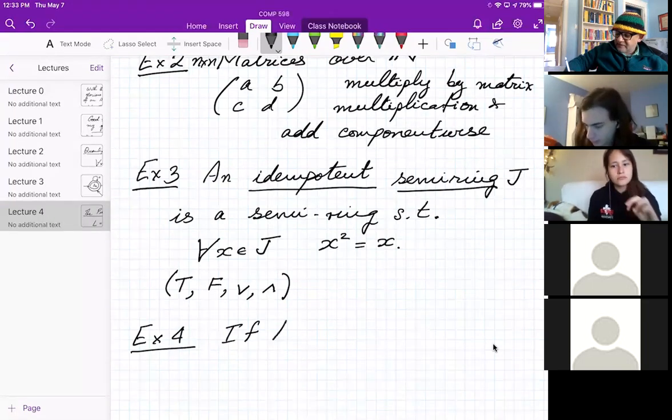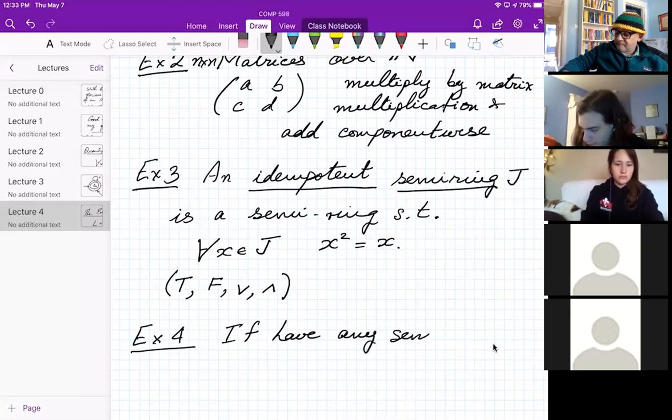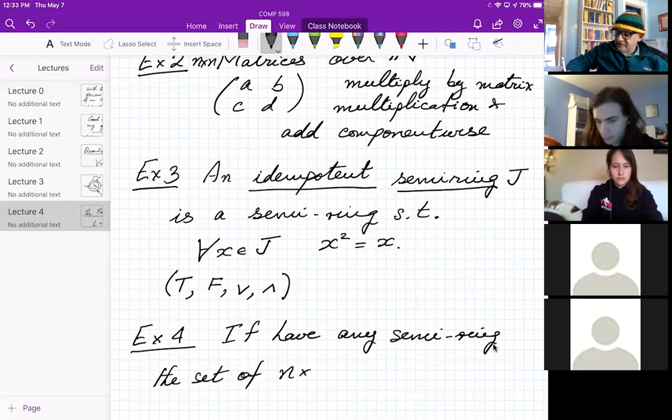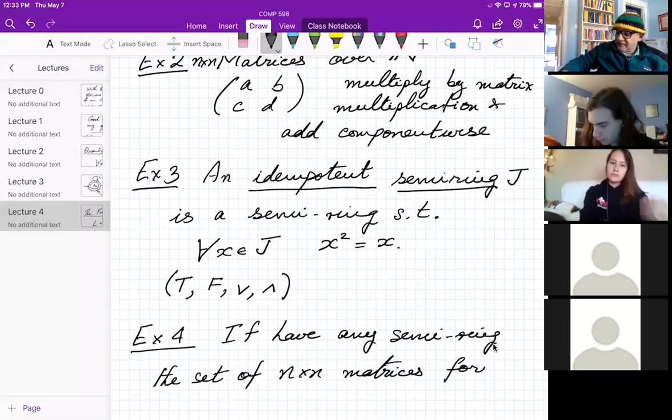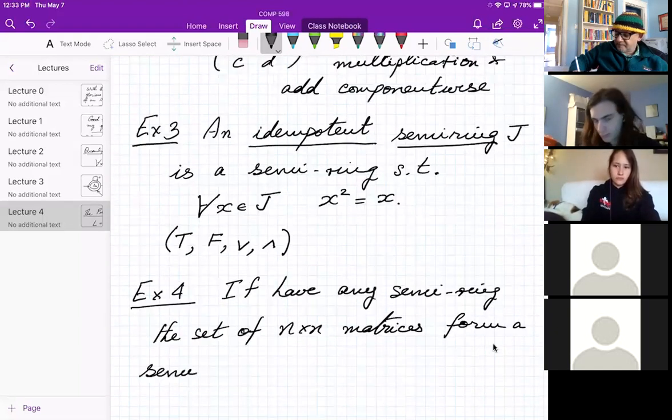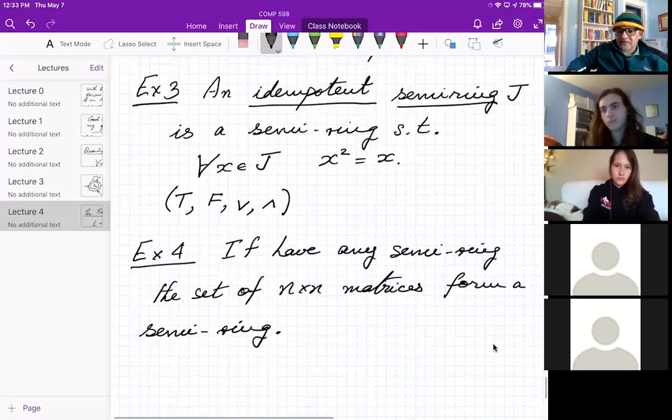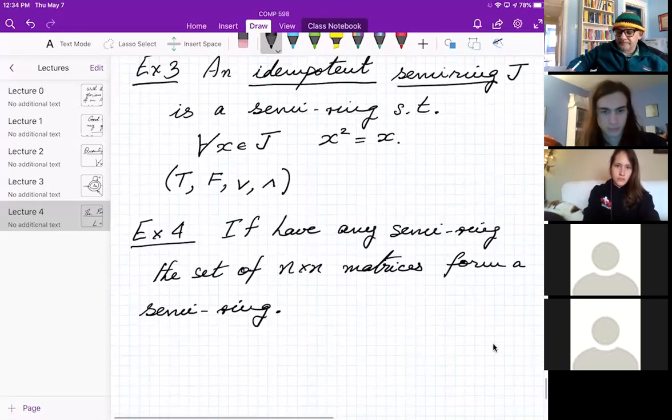If I have any semiring, the set of n by n matrices form a semiring. So that's actually where this subject gets its power from.